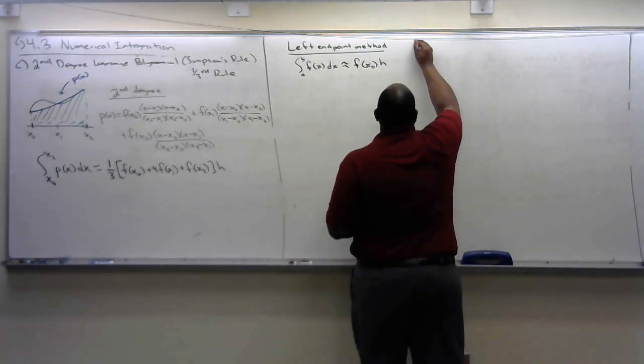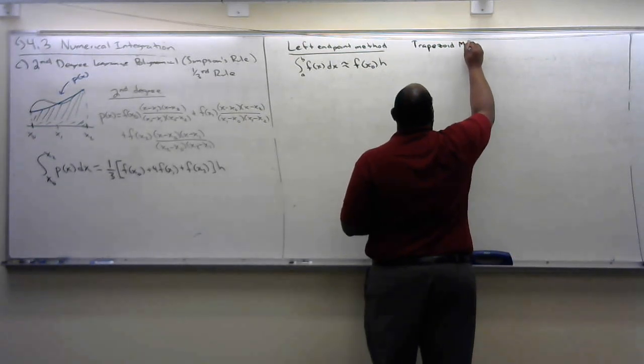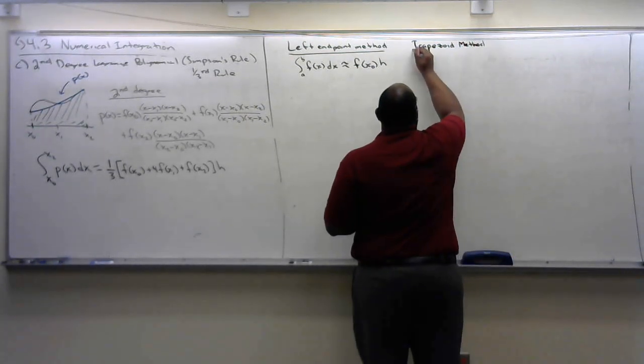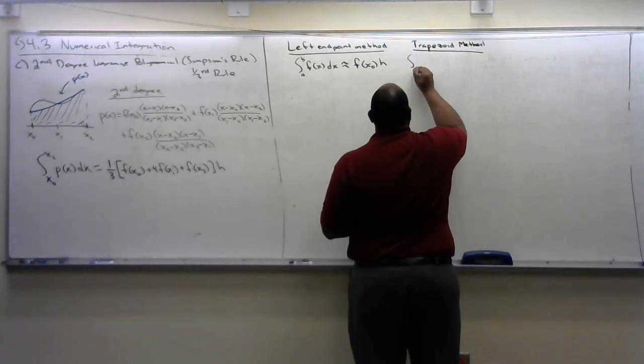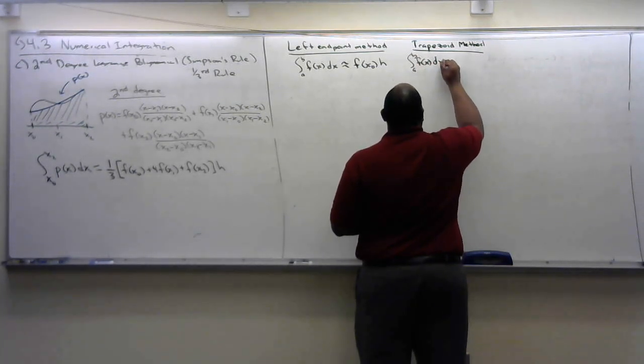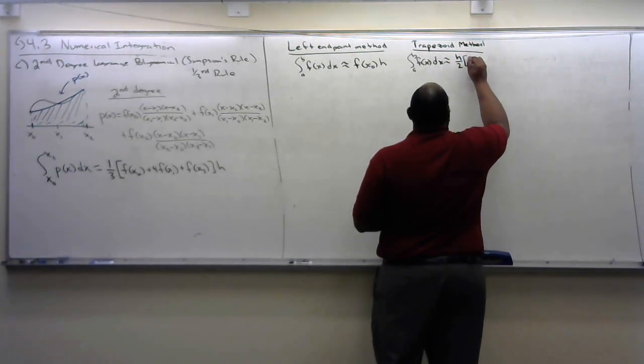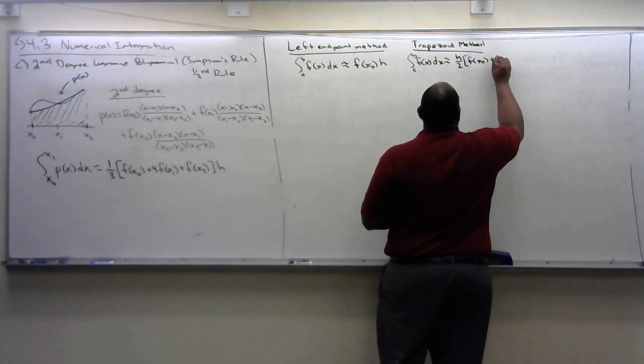For the trapezoid method, like I said, the integral from a to b of f of x dx is approximately equal to h divided by 2 of f of x naught plus f of x1.